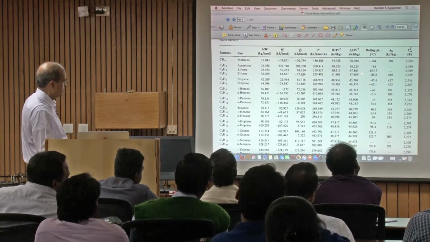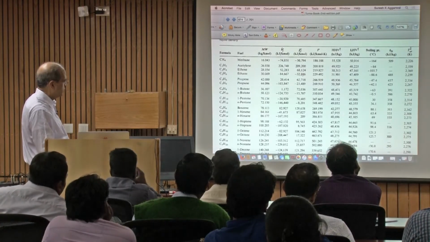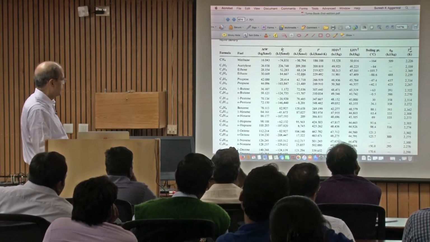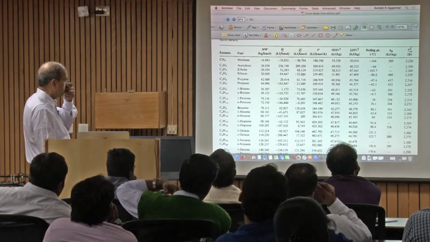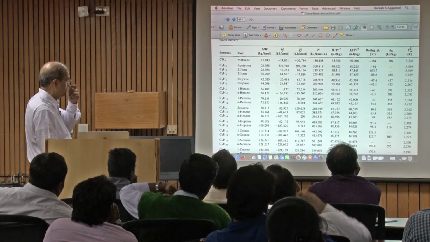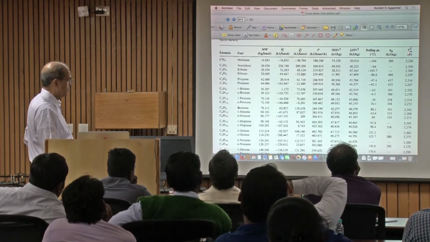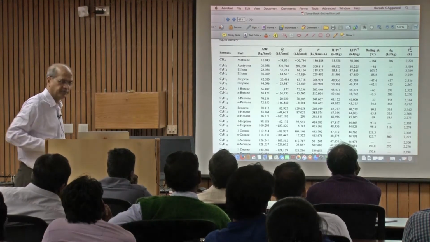And you see these values don't vary a lot for different hydrocarbons. These are per unit mass, then boiling temperatures, and then the adiabatic flame temperature.